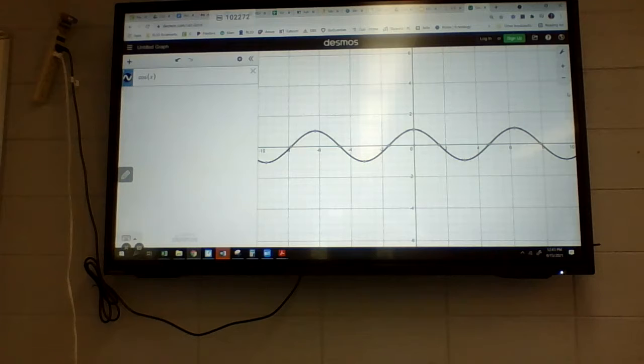You do cosine of x. Just type in cos. It works if you just type it over the top. Otherwise, it's a function of some nature. But yeah, it recognizes that cos. There's no space.